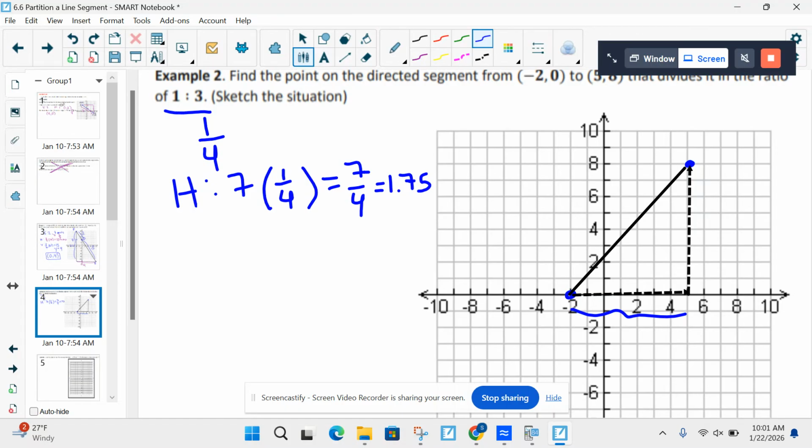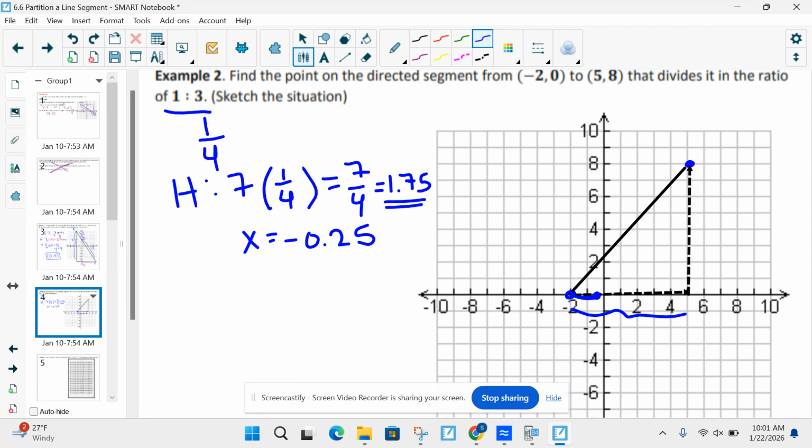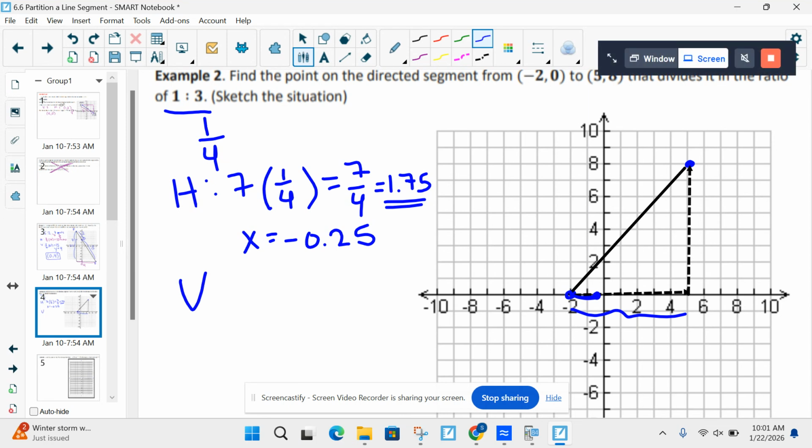Okay, maybe this one isn't as easy because it's got a decimal, but not all of them will be decimal. So if I add 1.75 to -2, what would you get? -0.25. So I'm going to add this number that we found to the x value. And then I'm going to take the vertical distance from this point to that, and it is 8.